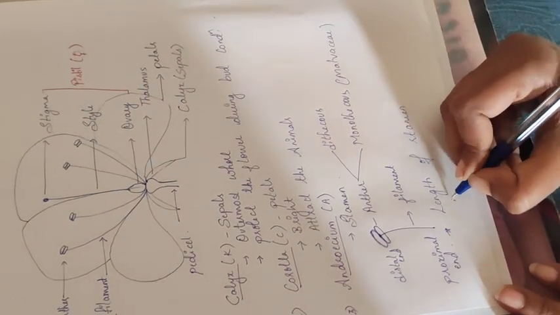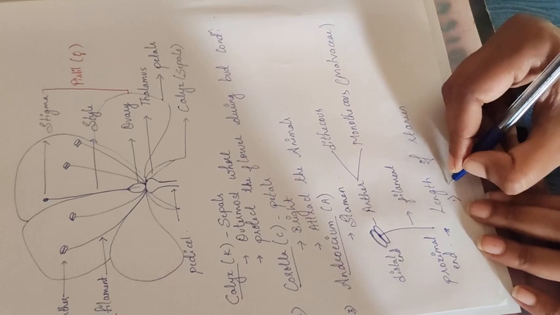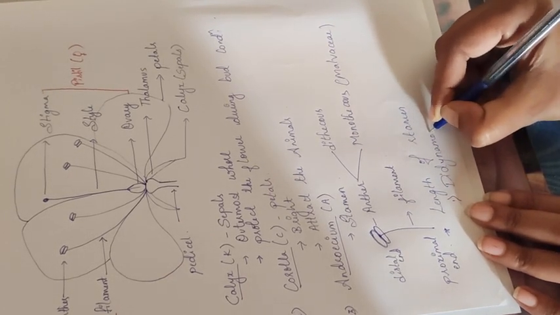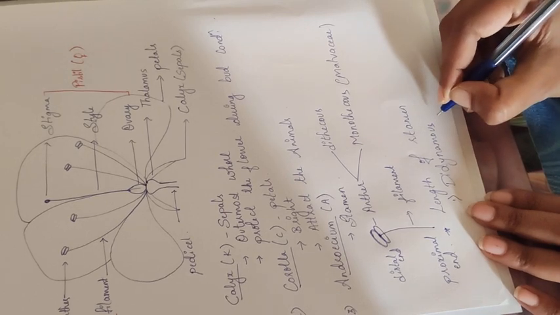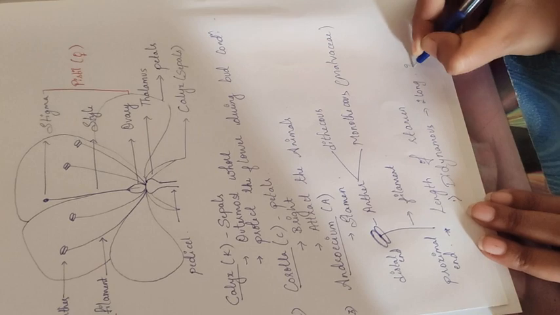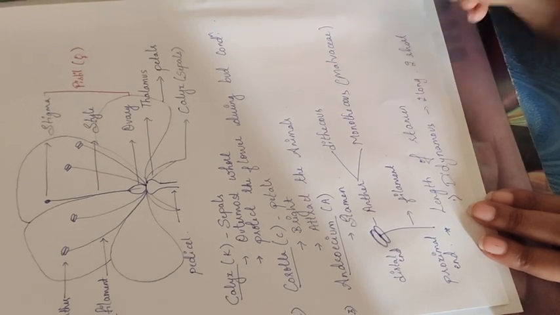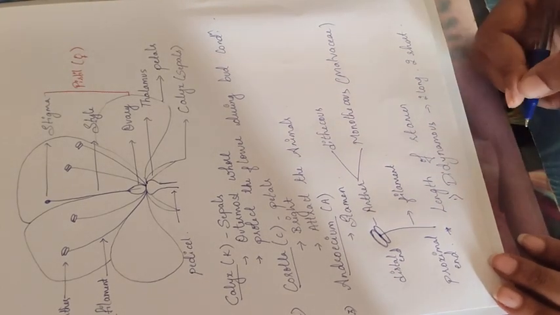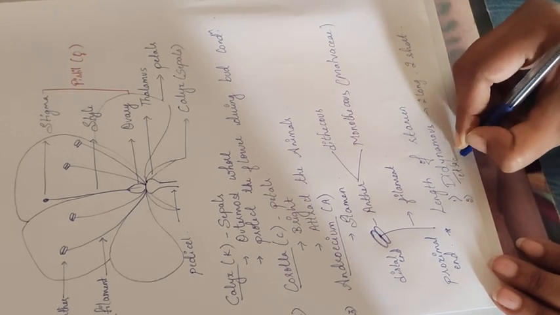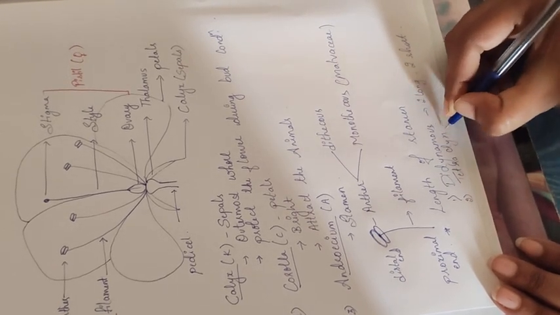Here the first one you call didynamous, meaning in this case it will show two long stamens and two short stamens. Two long and two short stamens. In the second case you call it tetradynamous.